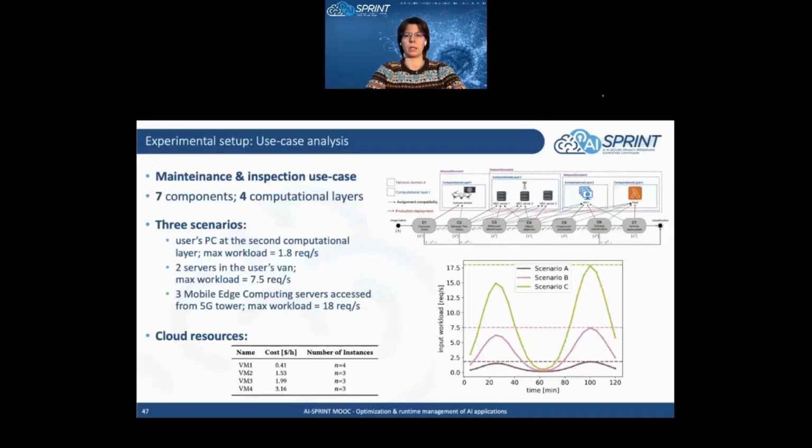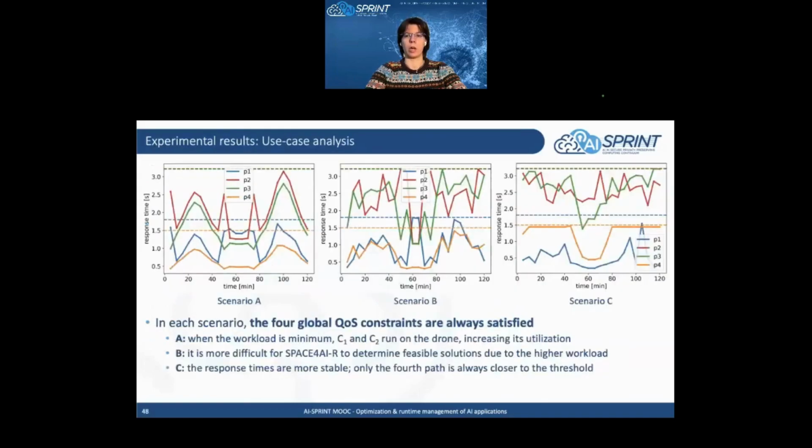The workload profiles in the 3 scenarios are reported in the figure. From the plots, we can observe that the 4 global constraints imposed on different components paths are always satisfied in the 3 scenarios. The response time values are closer to the threshold in the second and third case, since the workload is generally higher and therefore it's more difficult to identify a feasible solution.